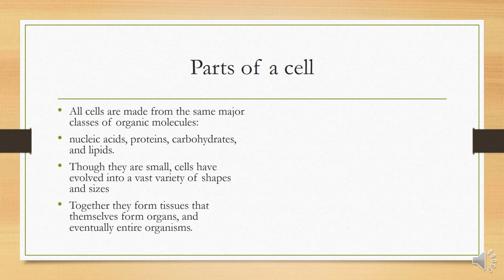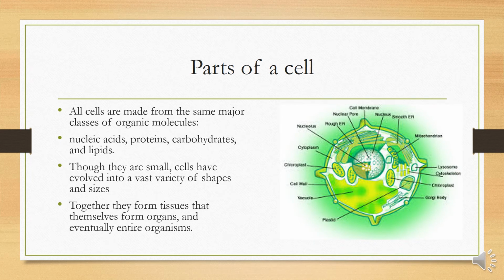And together they form tissues. When the cells combine each other, they form the tissues. And when tissues are combined, they form organs. And when organs combine, they form organ system. And organ systems combine together to form organisms.